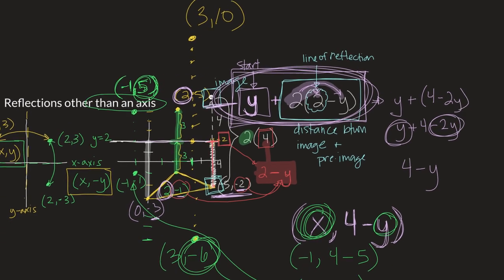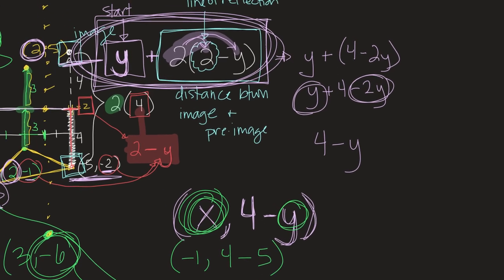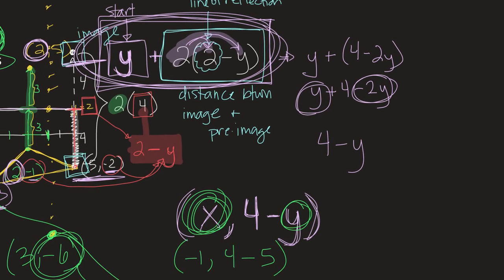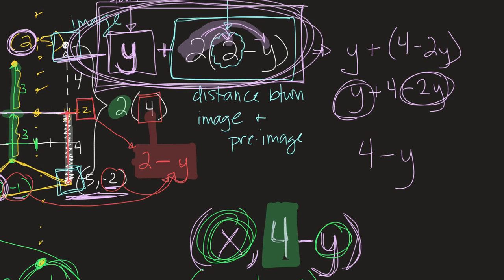Okay, so our rule is a pretty good rule, right? It works pretty much every time. Well, this is not anything too special. This value is really what we're looking for. If you notice, we had the line y equals 2 as our equation.